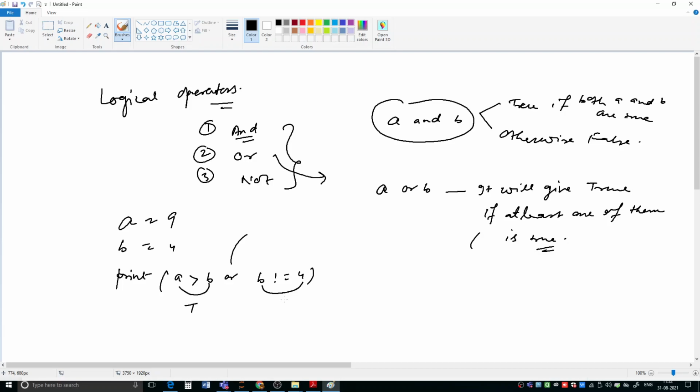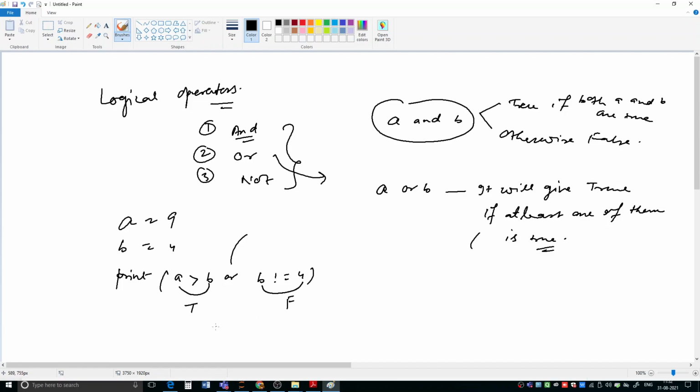What is the value of the right operand? Kaushik Rai, are you there? Anybody else? False, because it says B is not equal to 4, but we have B equal to 4, so it is false.